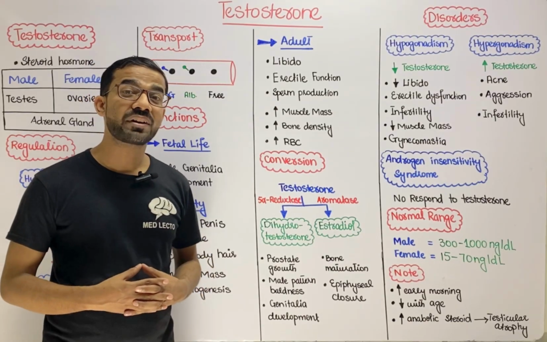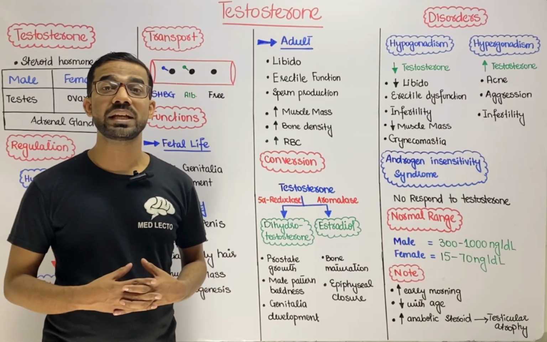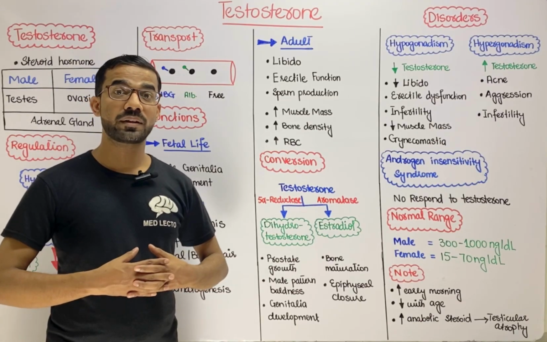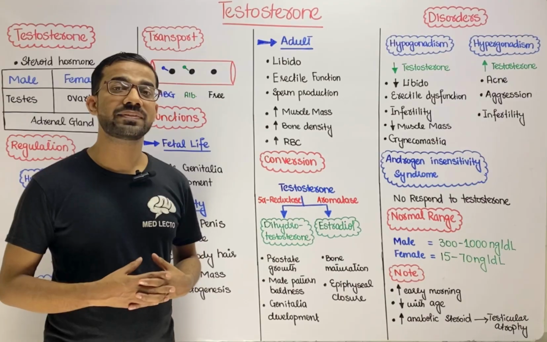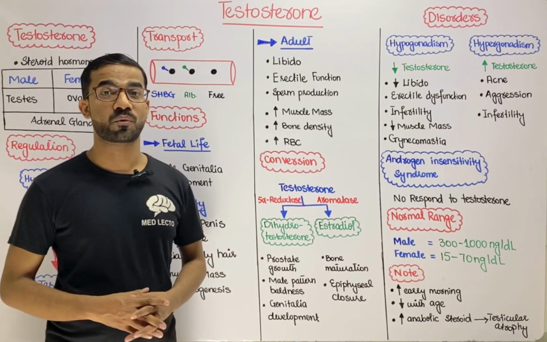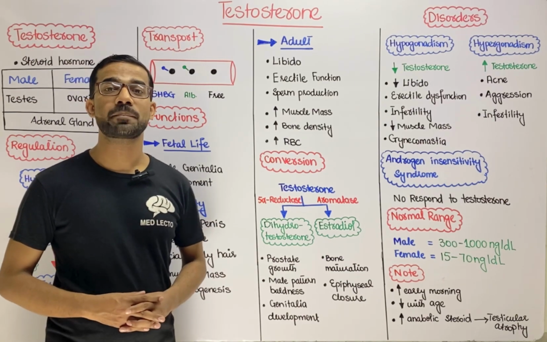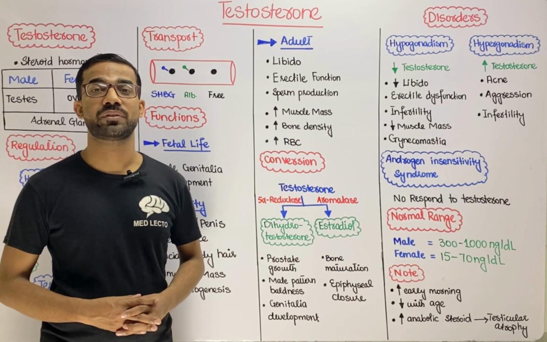But if someone takes anabolic steroids artificially or through medication to get more muscle mass, in that case there is another side effect, and that is testicular atrophy. The size of the testis starts decreasing, and ultimately that person can go towards infertility.